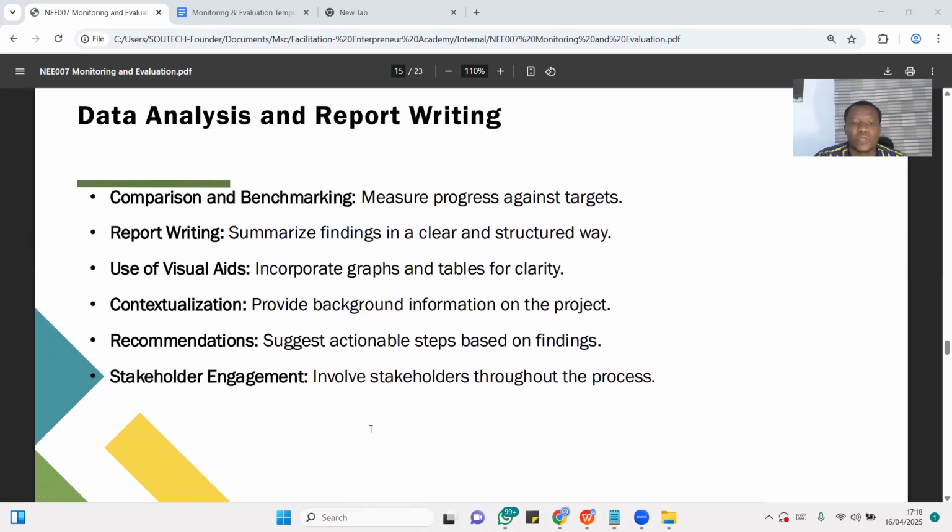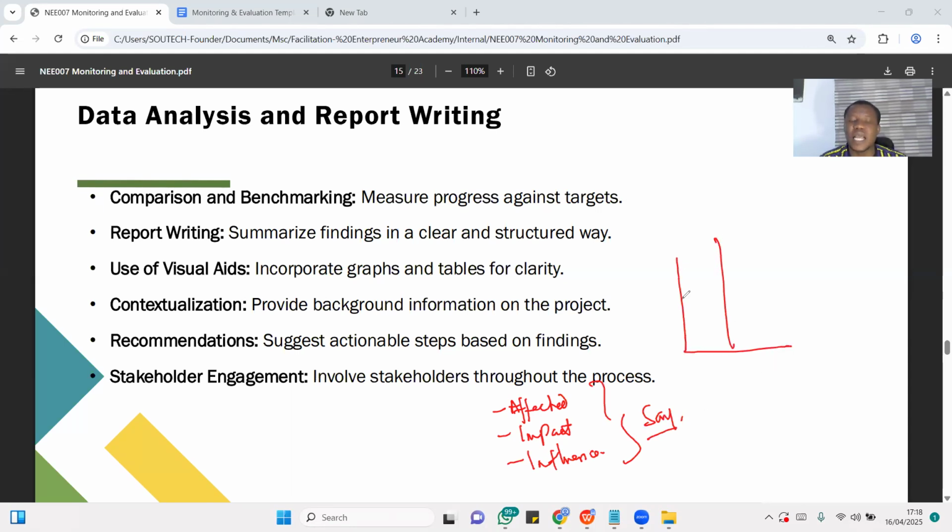And also involve stakeholders. Who is a stakeholder? In project management, we normally say a stakeholder is anybody that is going to be affected, that might have an impact or is going to be impacted upon, that can influence, typically that has a say, right? Stakeholders are going to be in different shapes and forms.